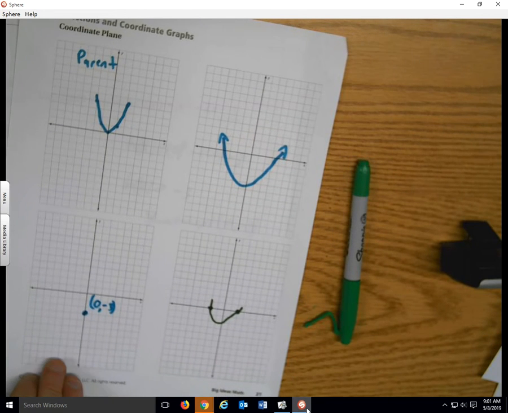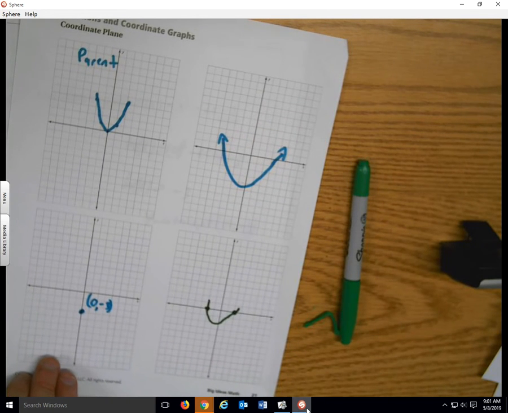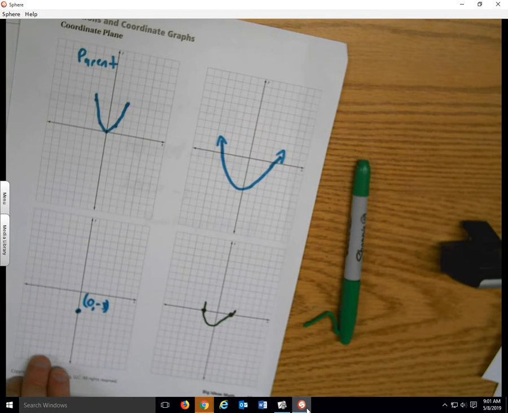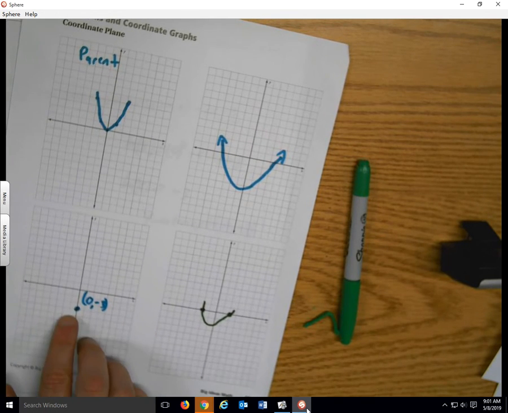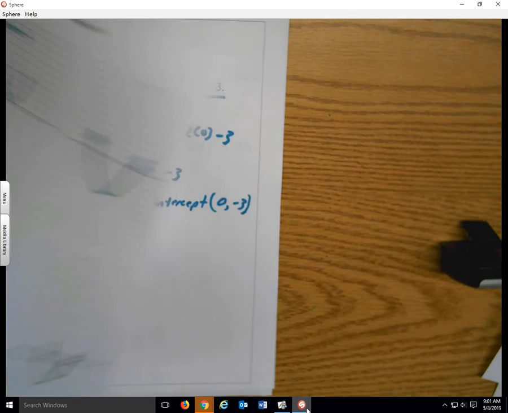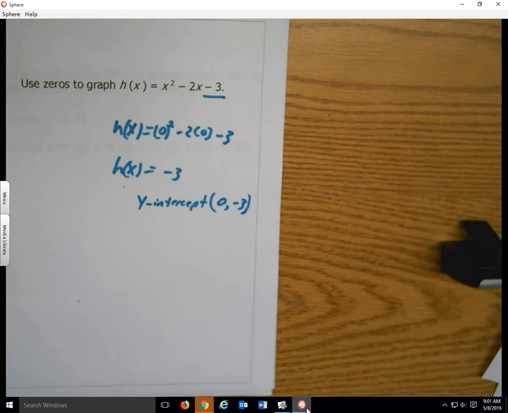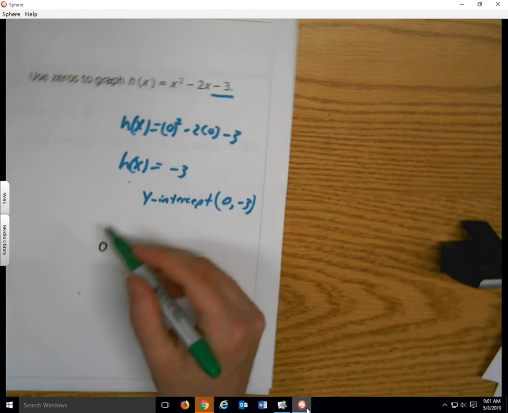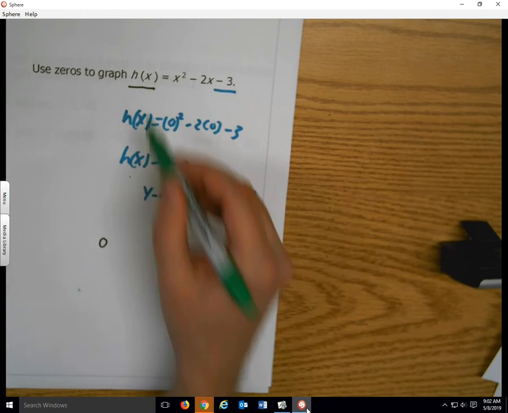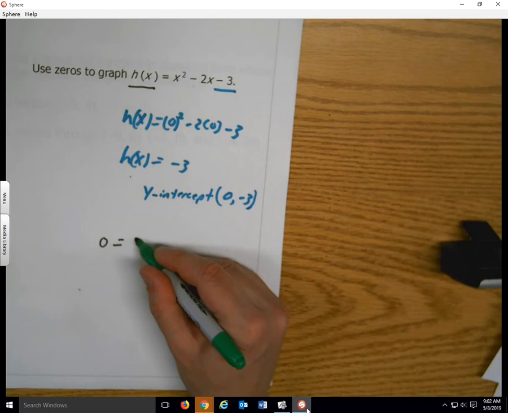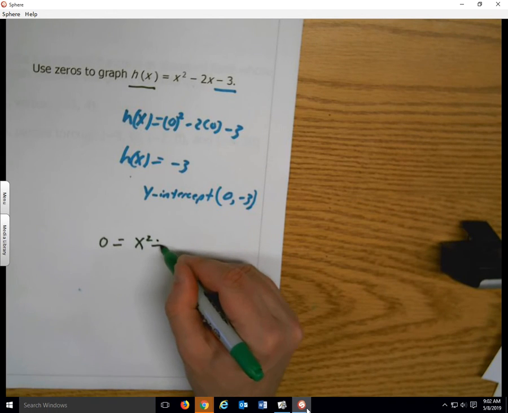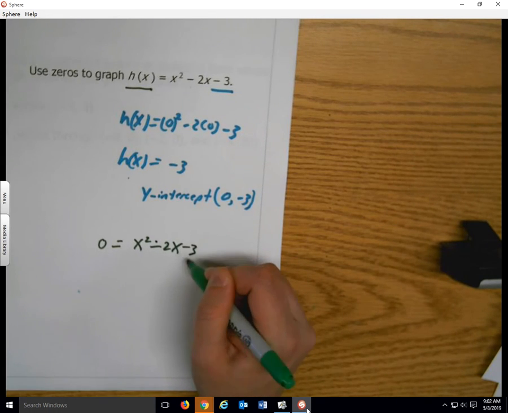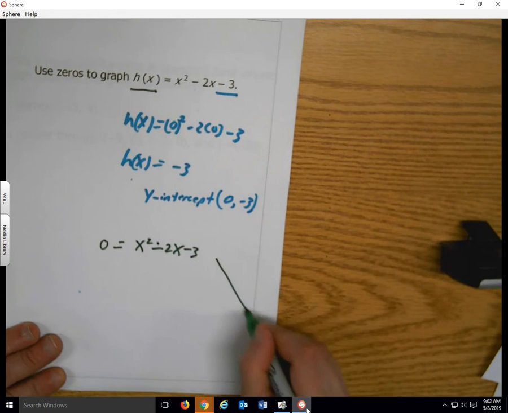But how do I get the other points on there? We can do the same thing. We tried the x being 0 and we have the y-intercept. Well, let's find the zeros then for the other one. So to find the zeros, we're going to make this h of x equal 0. And then you try an x box.